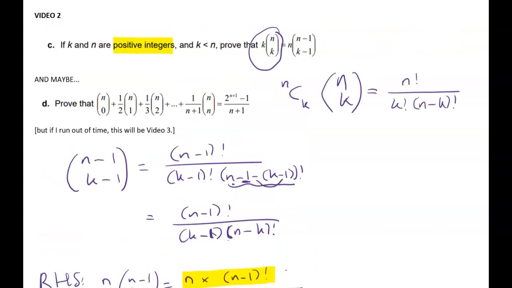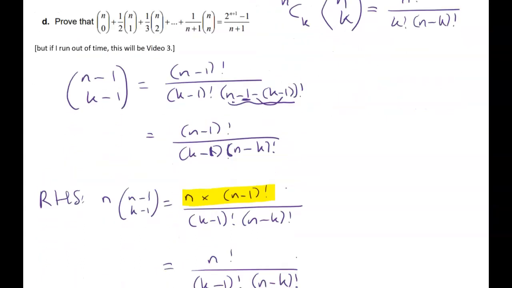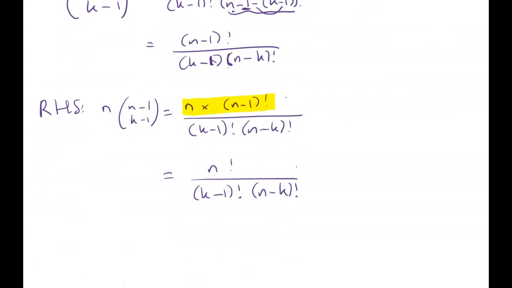We want to end up with k times n choose k. And you can see that we're just about there now, right? The only thing that's wrong is that this needs to say k instead of k take away 1.